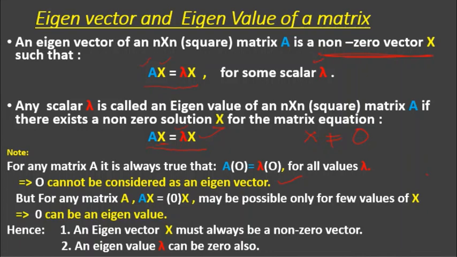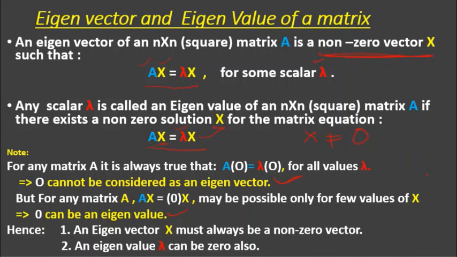But for any matrix A, I can have Ax is equal to 0 into x, which may be possible for a few values of x. Then lambda can be 0. So 0 can be an eigenvalue, whereas the 0 vector can never be an eigenvector.